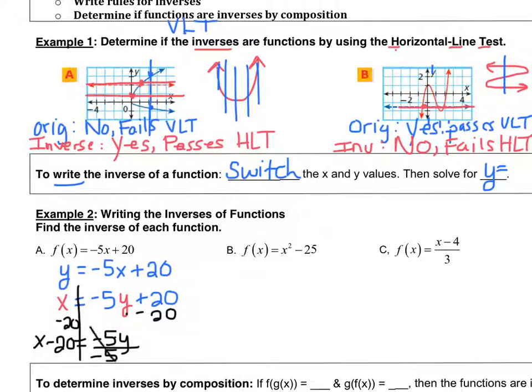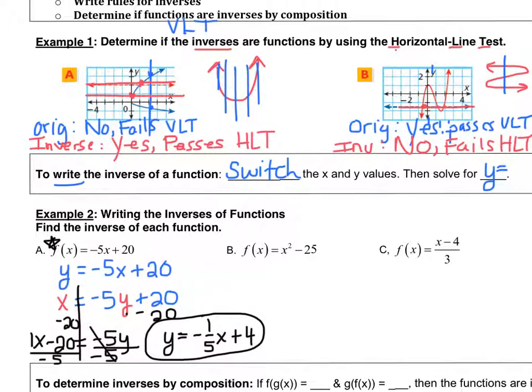So the final answer, now that we have y all by itself, is y equals, this is going to be a 1 in front of the x, 1 divided by negative 5, so negative 1/5 x, and then negative 20 divided by negative 5 is plus 4. So there's the equation for the inverse of the original function f of x right there.